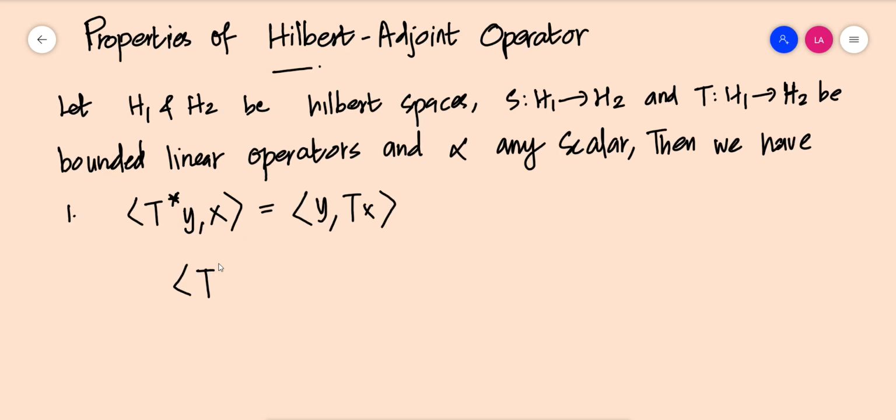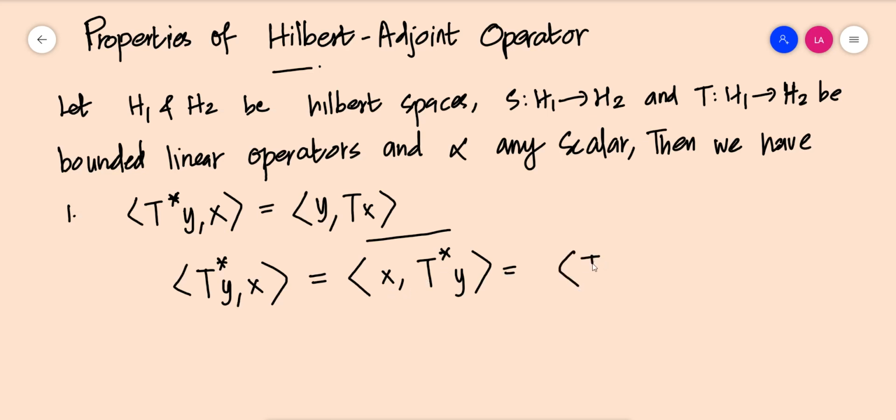Inner product T star y, x can be written as the conjugate of inner product x, T star y by the basic properties of inner product. Now, since T star is the Hilbert adjoint operator of T, inner product x, T star y should be equal to inner product Tx, y.